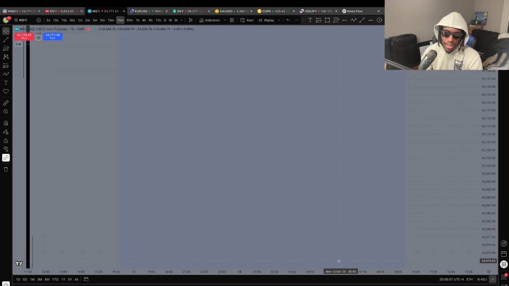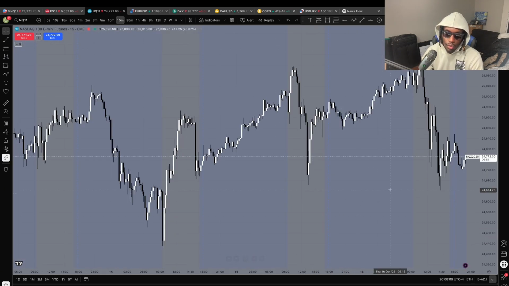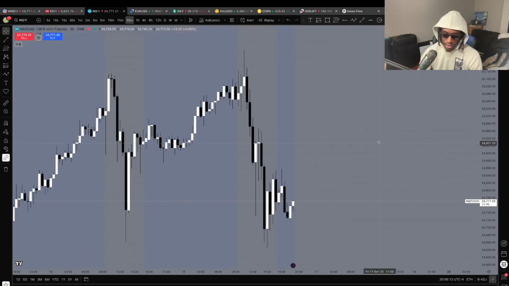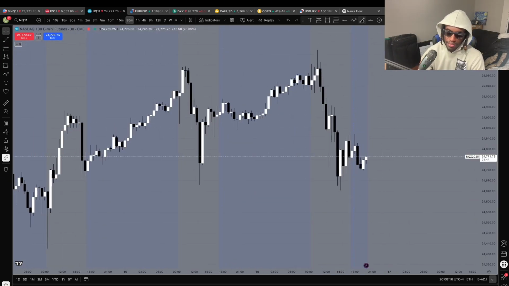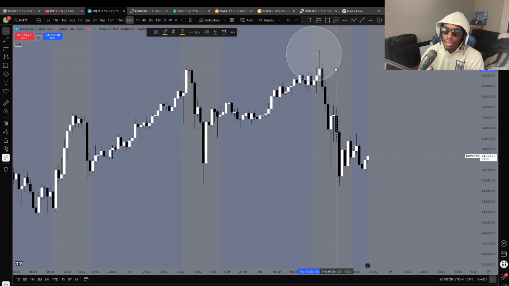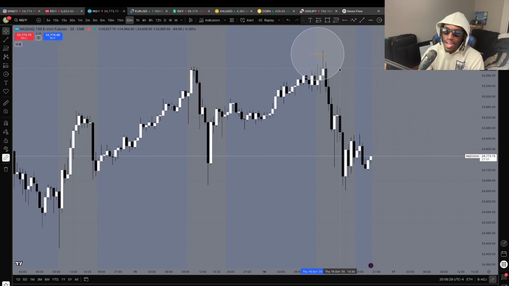But ultimately, when it comes to these candlesticks, all you gotta do is pay attention to the wicks and pay attention to the bodies. That's all you gotta do. Sometimes, like here, buyers try to push price up, because that's all a wick shows. Once you have a long wick like that, it shows that buyers weren't able to get price up as high as they wanted to.